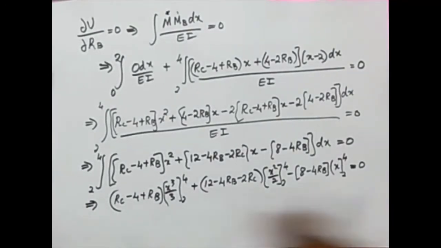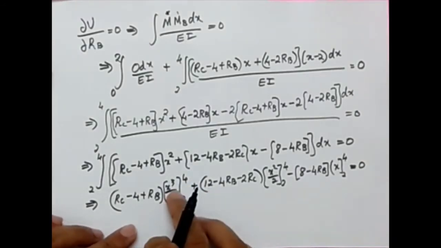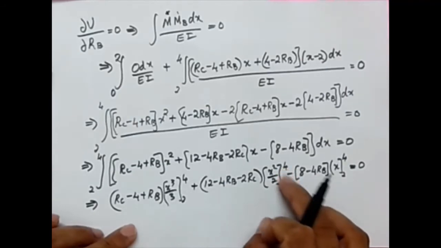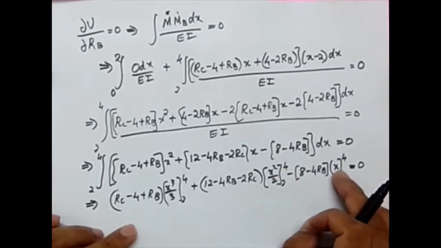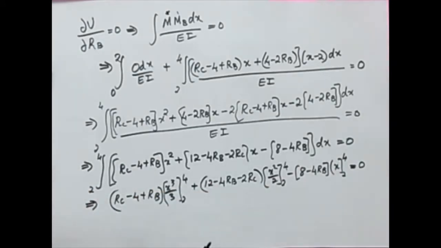Okay, so I'm skipping one step. That step involves 4 cube minus 2 cube by 3. I'll be calculating this value, 4 square minus 2 square by 2, this value, 4 minus 2, this value. And I will be clubbing all the rb, rc and constant terms together.